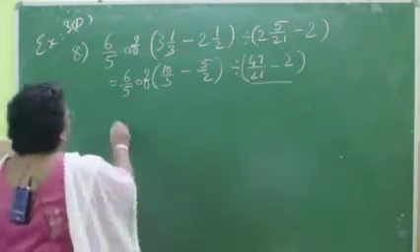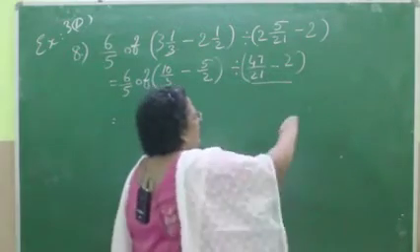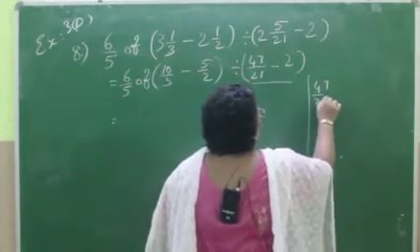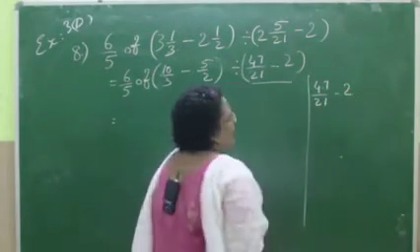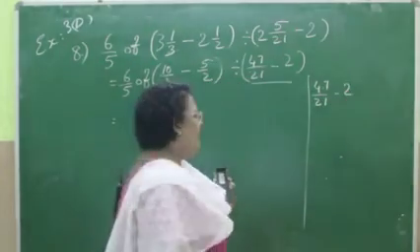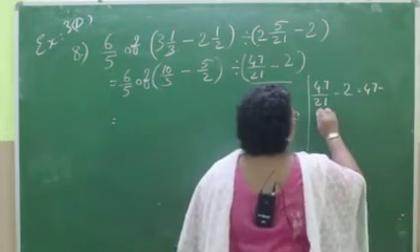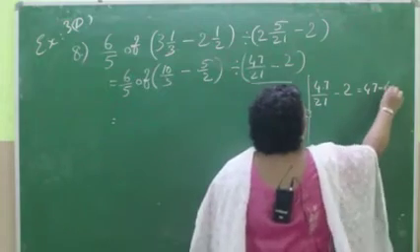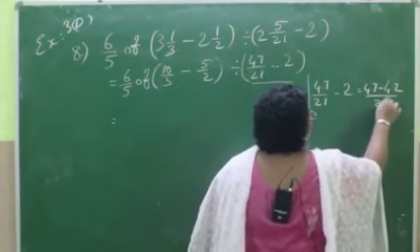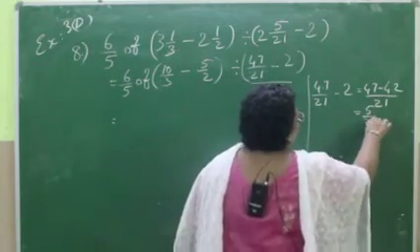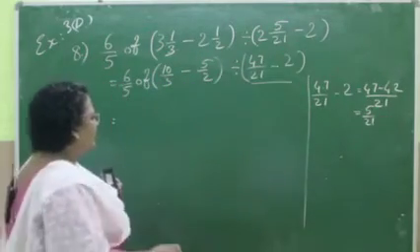Okay, so that is equal to, here in the working space I am going to write 47 by 21 minus 2. Here LCM is 21. So that is 47 minus 2 21s are 42 by 21. You will get the answer here as 5 by 21.